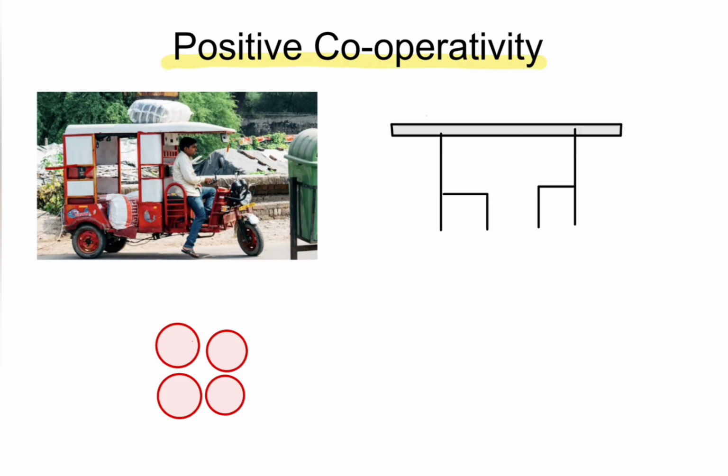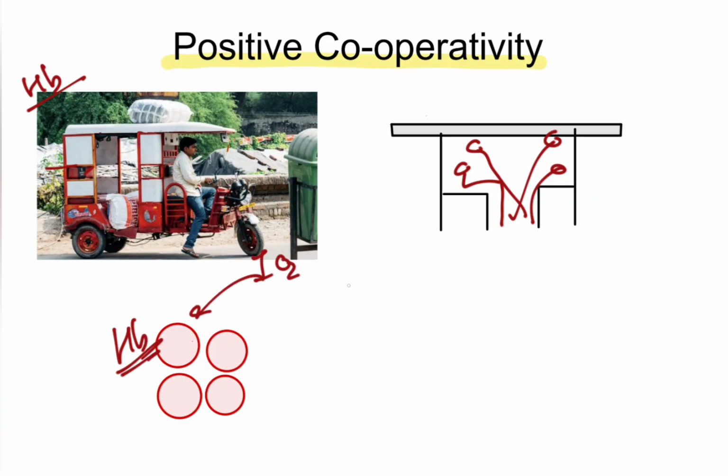You can think of hemoglobin just like an e-rickshaw. It is very difficult for the first person to sit in an empty e-rickshaw. But as soon as you see that one person is sitting there, another person comes, and then another, then another. Similarly, for our hemoglobin, the first oxygen is very difficult to bind because of the structure of hemoglobin.